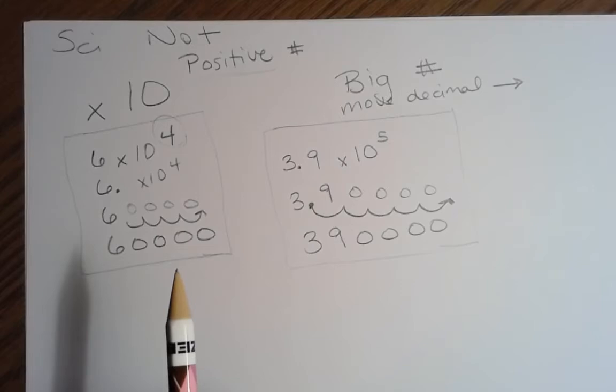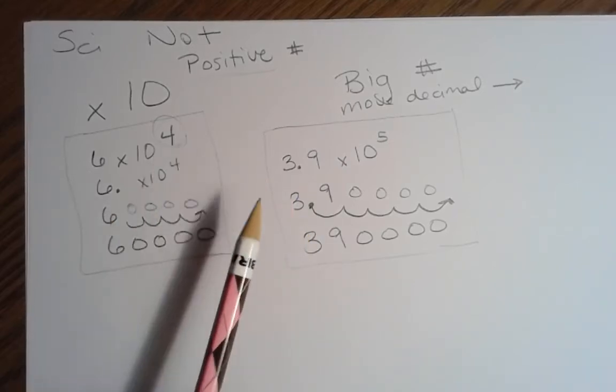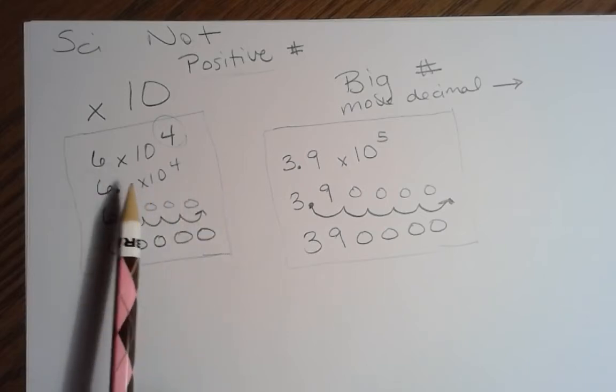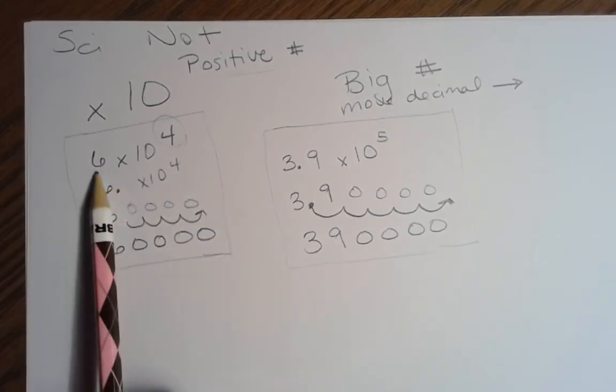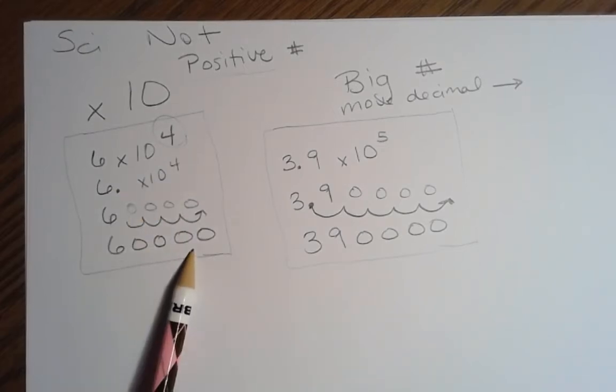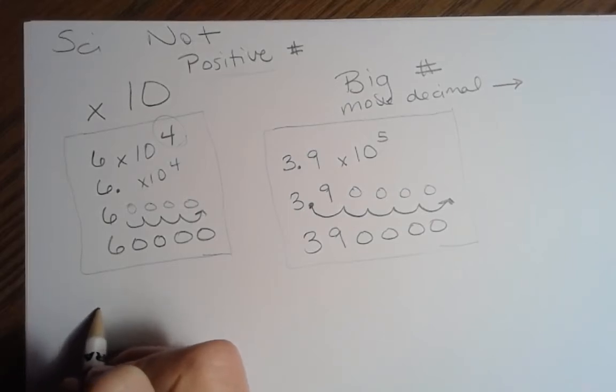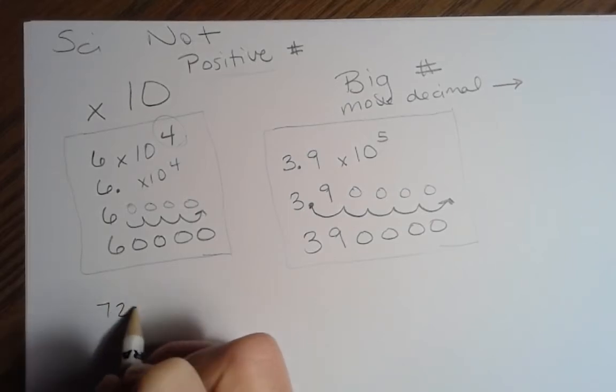Okay, so here are some examples of how to expand, is what we say. Since these are the same numbers, this is the number in scientific notation, this is the number in expanded form. Let's take a number in expanded form and turn it into scientific notation.